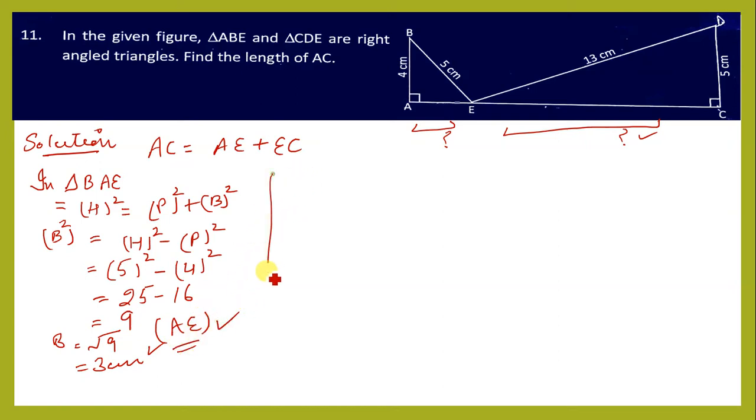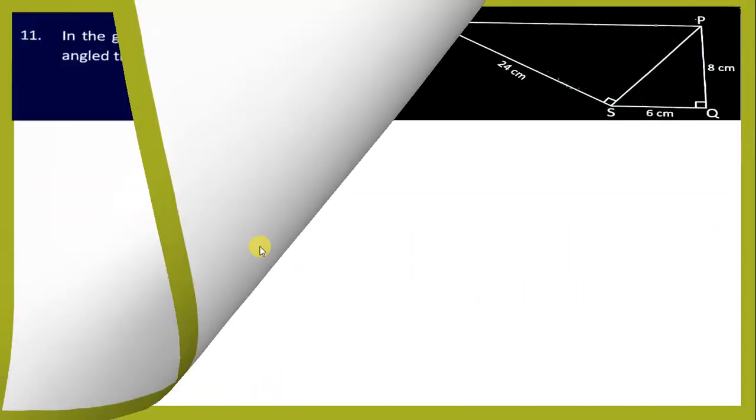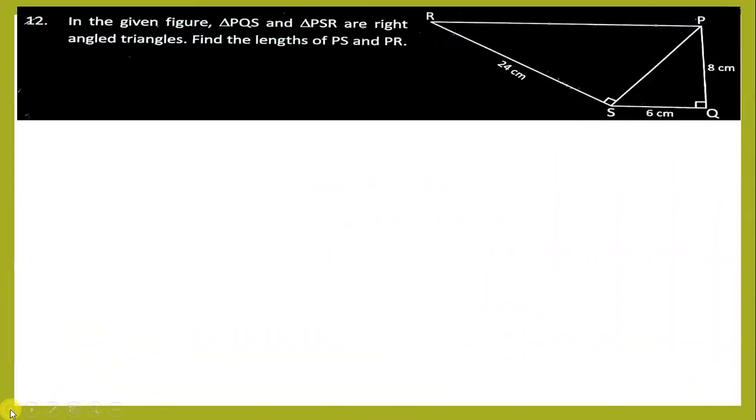Clear? Now in triangle DCE or ECD. Fine. Now hypotenuse is already given. By using Pythagoras theorem, hypotenuse square equals perpendicular square plus base square.